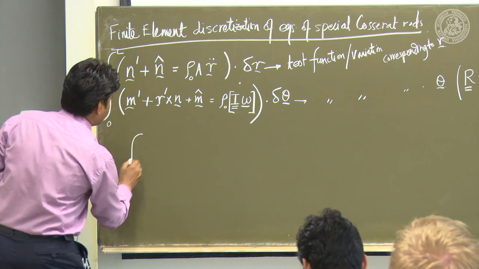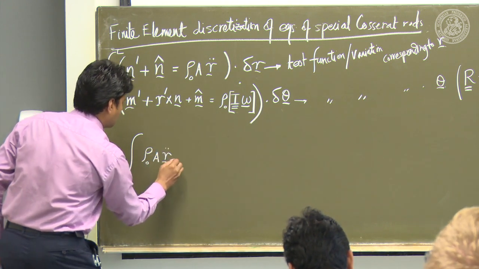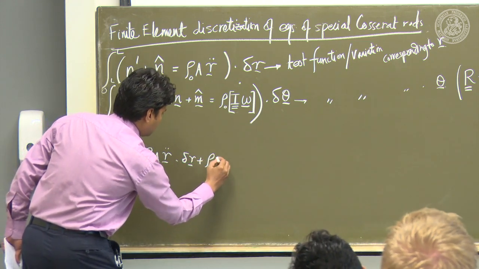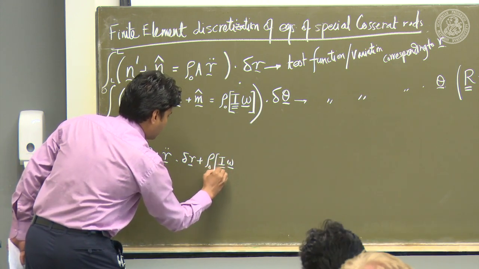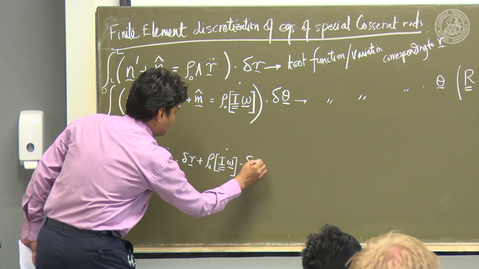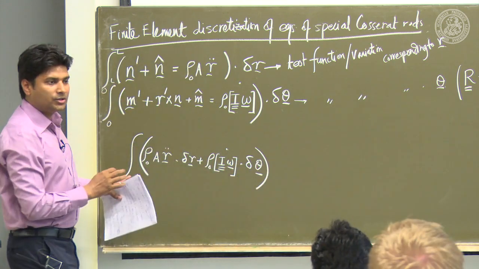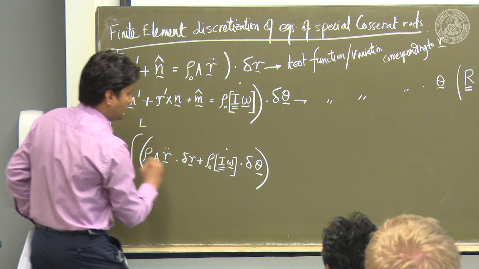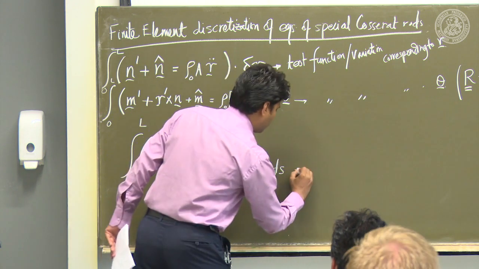So this becomes rho naught A little r double dot dot del r plus rho naught I omega dot dot del theta. Okay, so I write this separately. This is a dynamic term. So I write the dynamic term separately, that goes from 0 to L ds, plus the remaining term.